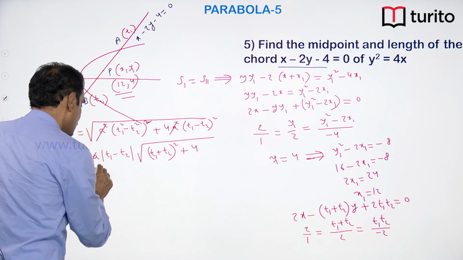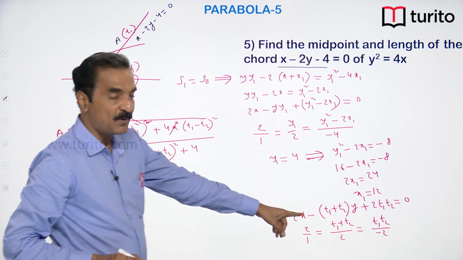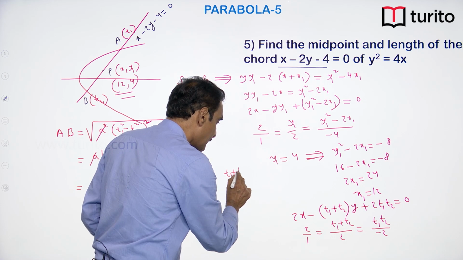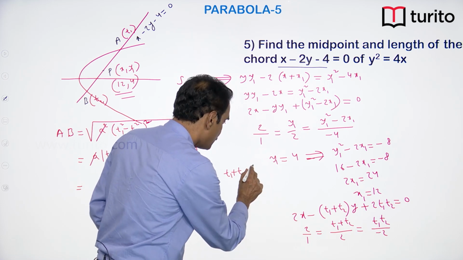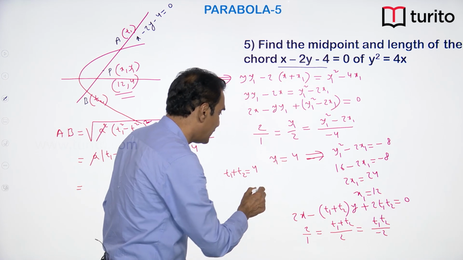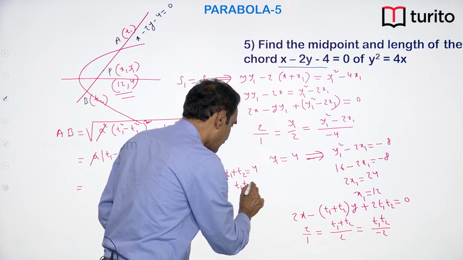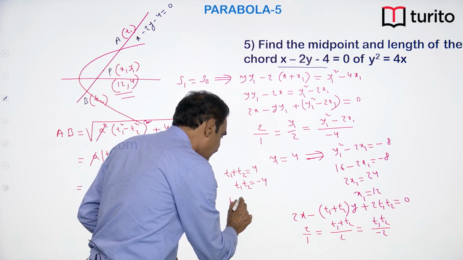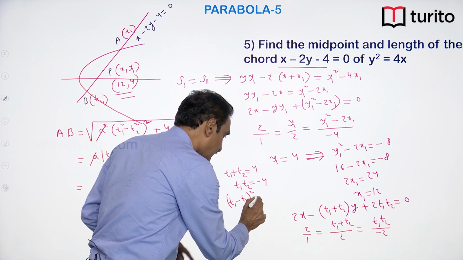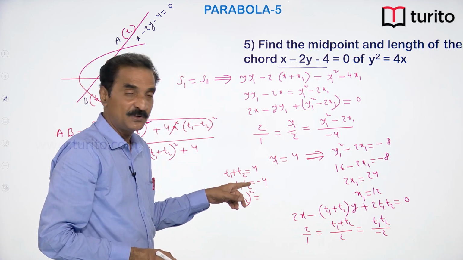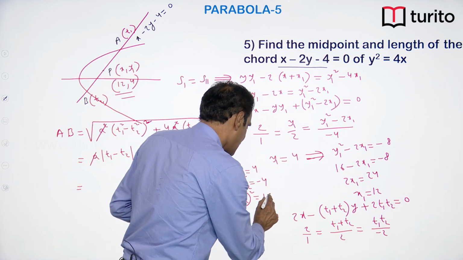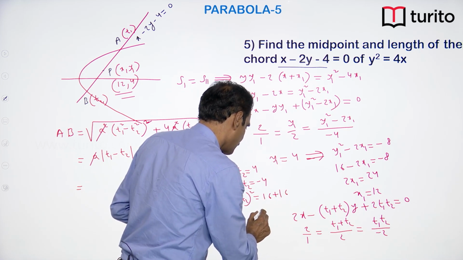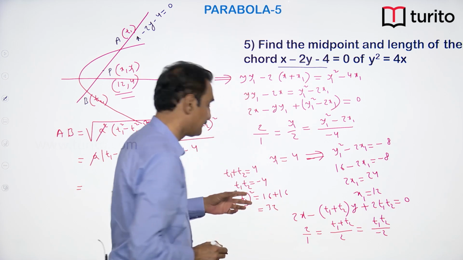Now, mod T1 minus T2. How to calculate mod T1 minus T2? Here T1 plus T2 is 4 and T1 T2 is minus 4. Then (T1 minus T2) whole square is (T1 plus T2) whole square minus 4 T1 T2. How much? 16 plus 16, 32.